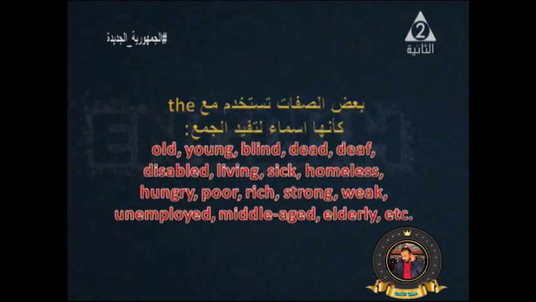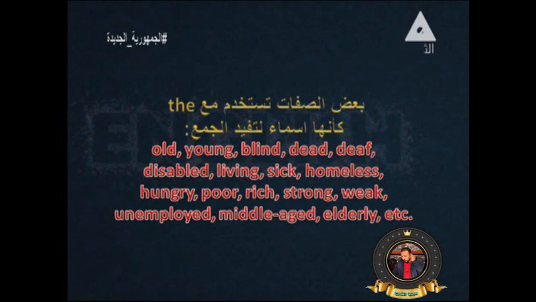زي لما أقول the old, the young, the blind يعني الناس اللي مش بتشوف, the dead, the deaf, the disabled, the living, which is like the living people, the sick, المرضى, the homeless, the hungry, the poor, the rich, the strong, the weak, the unemployed, the middle-aged, the elderly.